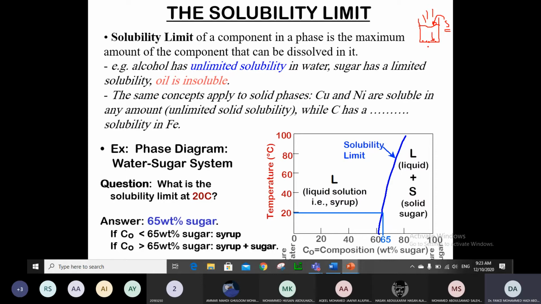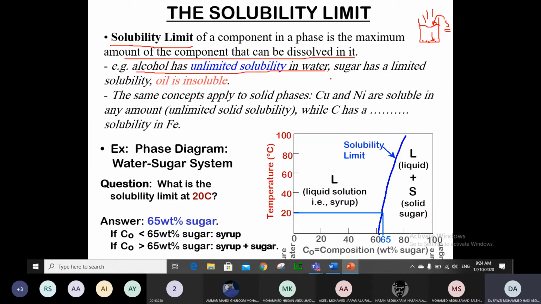We have different kinds of solubility limits. Basically, the solubility limit of a component in a phase is the maximum amount of the component that can be dissolved in it, and this is what we already said. For example, alcohol has unlimited solubility in water.